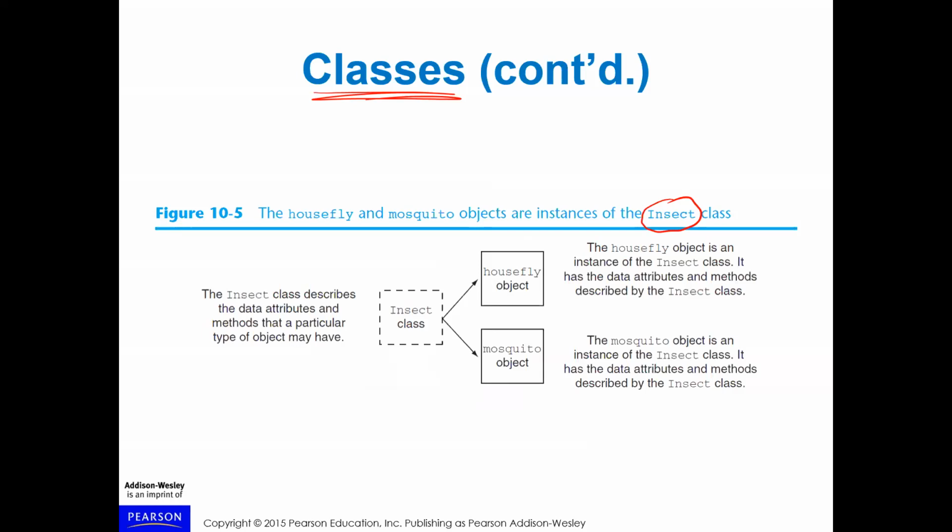They're usually annoying, but important to the ecosystem. We can think of the housefly and the mosquito, which would be objects, instances of a general class called insect.